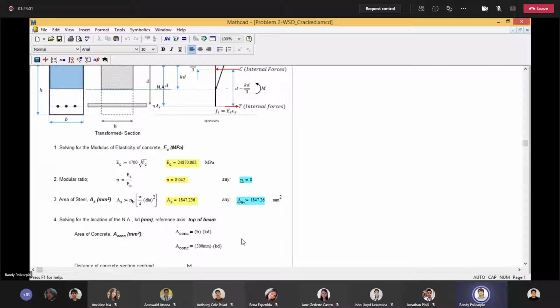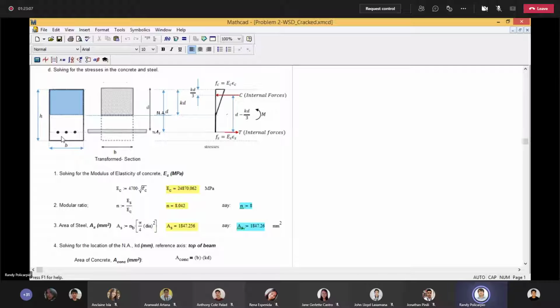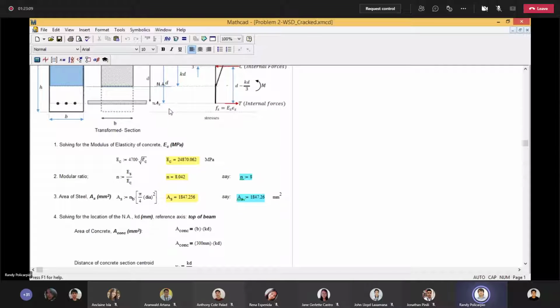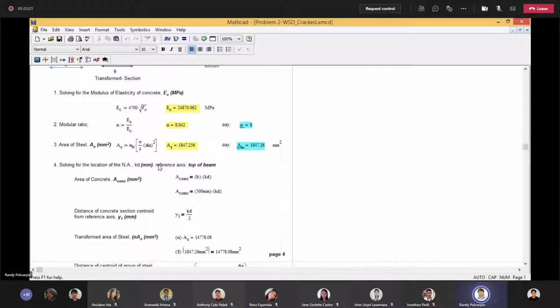Sorry for that. Ano pala to? Area pala to, sorry. Area of the steel. So, mamaya pa lang yung NAS. Sorry, ito. NAS. Okay, so this for the total area of the steel reinforcement. Okay, so for the location of the neutral axis, again, we will refer from the top. So, isosolve natin yung KD.